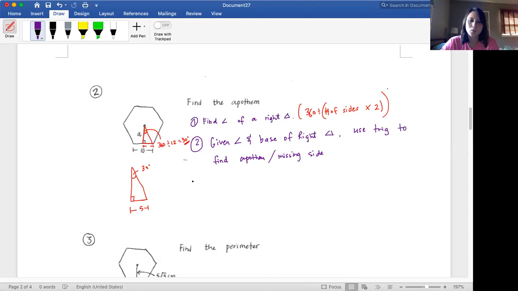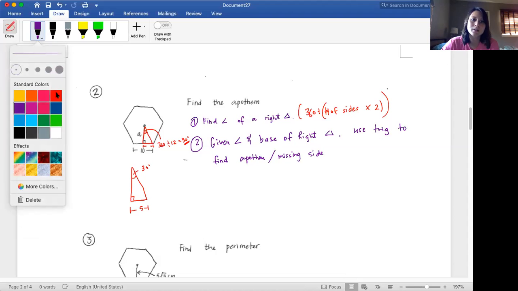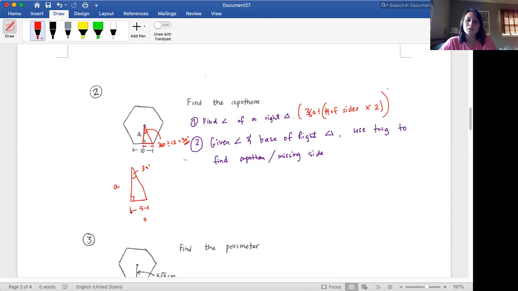We have 30 degrees, opposite is the 5, adjacent is what we're looking for. So OA, tangent again: tangent of 30 equals 5 over A. We multiply both sides by A, then divide everything by tangent of 30.